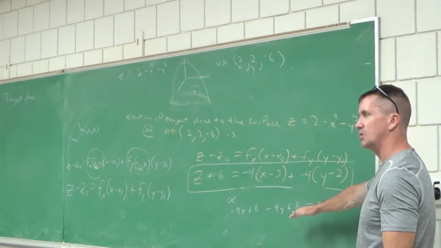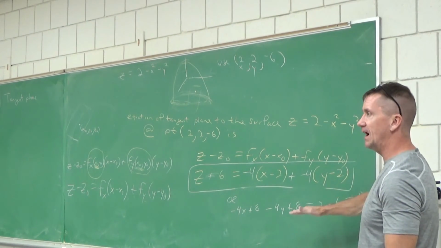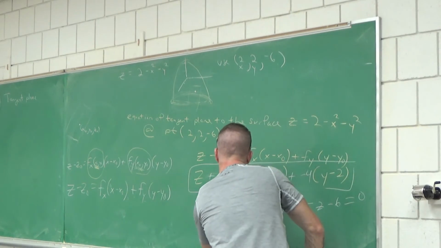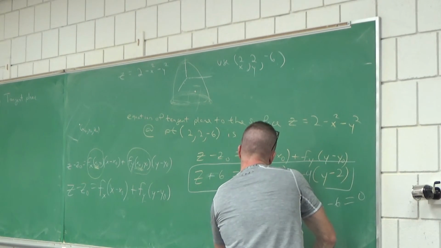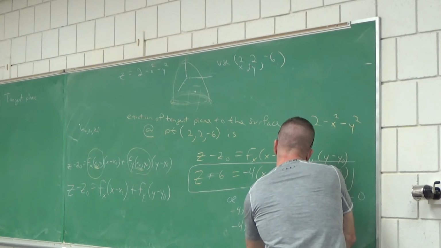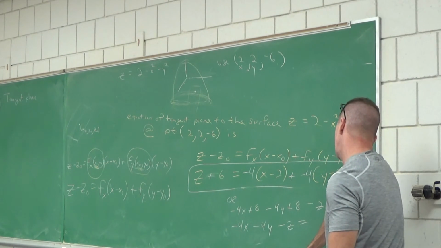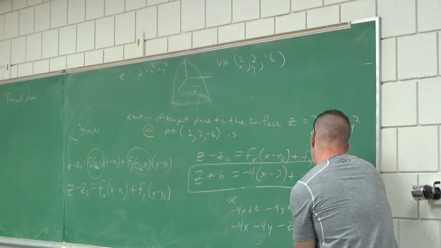I wanted to show you this is just like the planes we were doing back in chapter 12. In section 12.5 we learned about equations of planes. This looks just like it. Negative 4x minus 4y minus z equals negative 6?